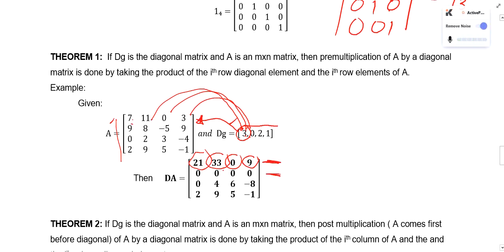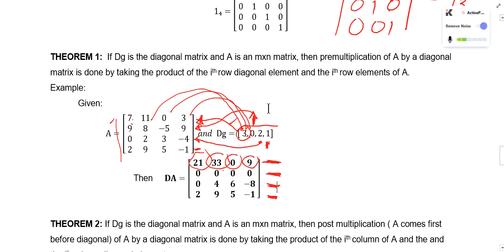The second row is the product of the second diagonal element multiplied by the second row of matrix A. Then the third row is the product of the diagonal element in column 3, which is 2, times the row of matrix A, the elements of row 3. And lastly, the 1, the fourth diagonal element, multiplied by the elements of our fourth row.